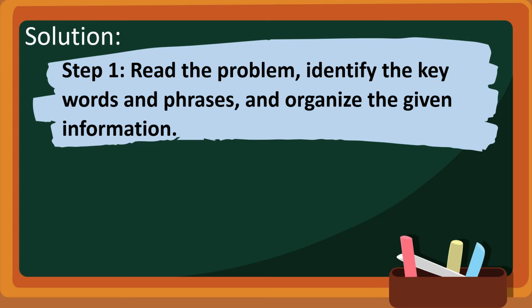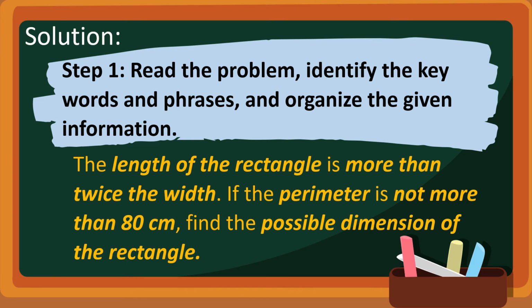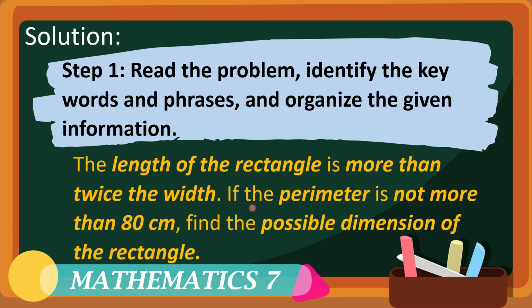Step number 1. Read the problem. Identify the keywords and phrases and organize the given information. The length of the rectangle is more than twice the width. If the perimeter is not more than 80 centimeters, find the possible dimensions of the rectangle.